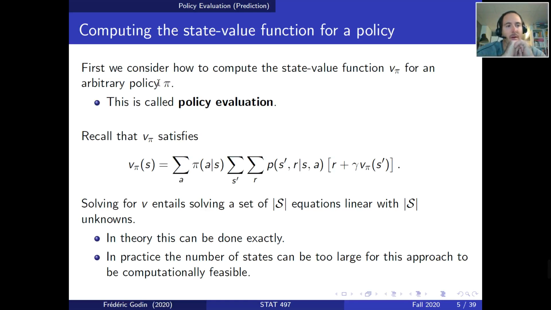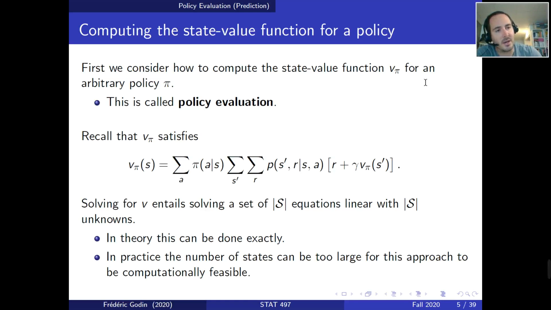So the first problem we're going to consider here is to compute v pi, the state value function associated with that policy pi. The action of trying to calculate this state value function for a fixed policy pi is called policy evaluation. So policy evaluation entails calculating v pi for some pi.